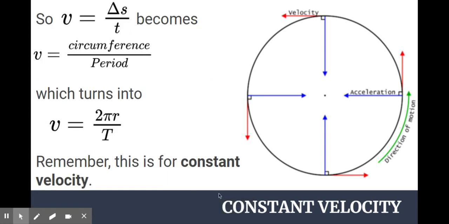All right. So if we take our basic velocity equation, we replace displacement with circumference because they're both distances, and we replace time with period because they're both times. Then we get velocity equals 2 pi r divided by T. This is a constant velocity of an object that's moving in a circle.